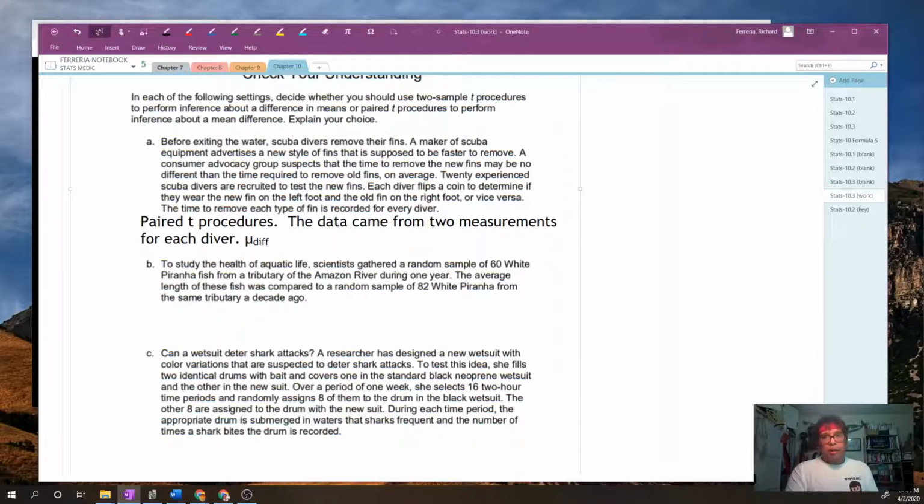To study the health of aquatic life, scientists gathered a random sample of 60 white piranha fish from a tributary of the Amazon River during 1 year. The average length of the fish was compared to a random sample of 82 white piranha from the same tributary a decade earlier.